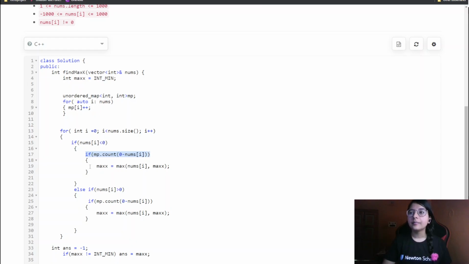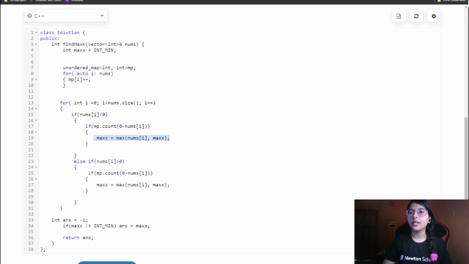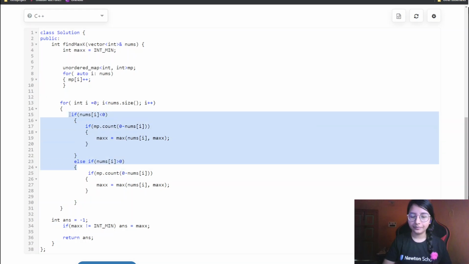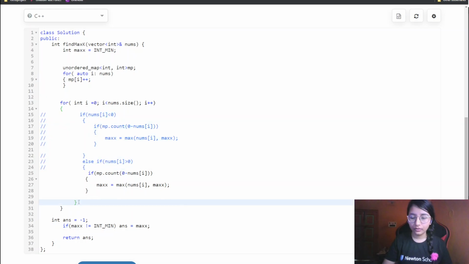If that exists, then we will be directly maximizing, because our next step would be that only. And the same we are doing for this part as well. Earlier I was saying that here we are required to write 0 minus something, so that's why I had put it like this. But now, as you have checked, we can also optimize this into a smaller version.